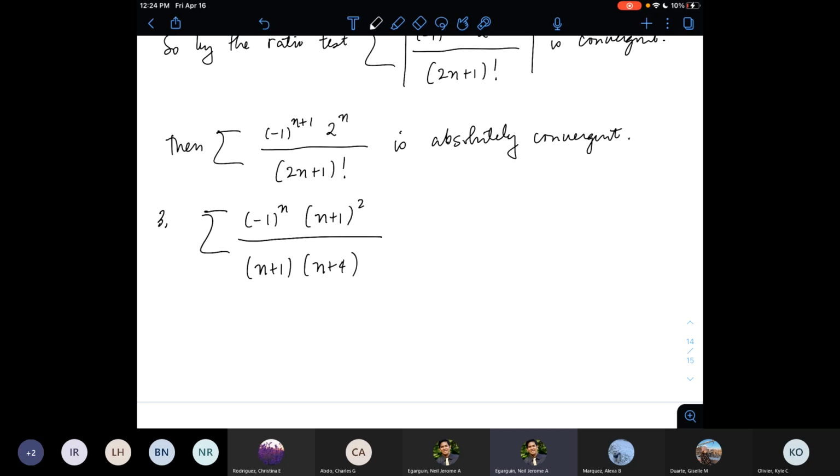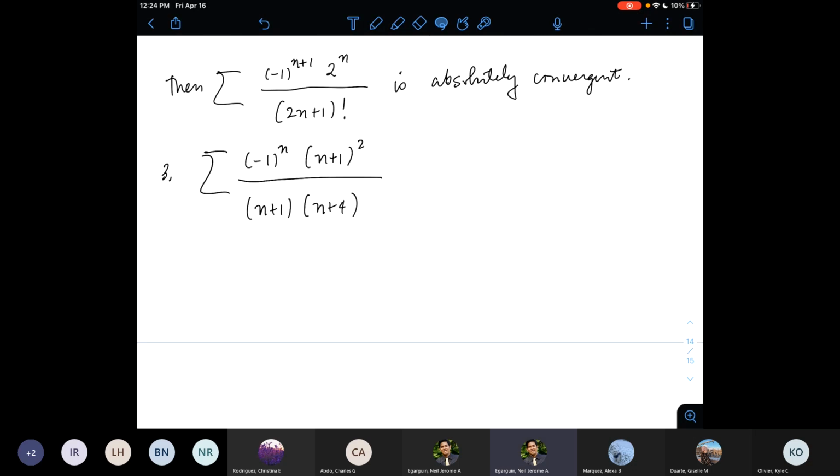Okay, so this one, we are given the sum of (-1)^n times (n+1)^2 all over (n+1)(n+4), and check if this is absolutely convergent, right? Since there are no factorials involved, perhaps I'll do the first approach that we have.